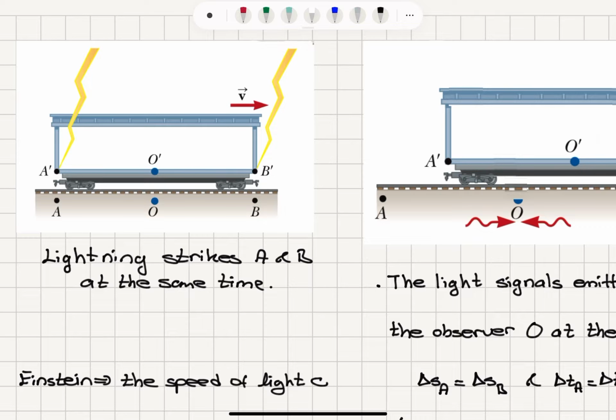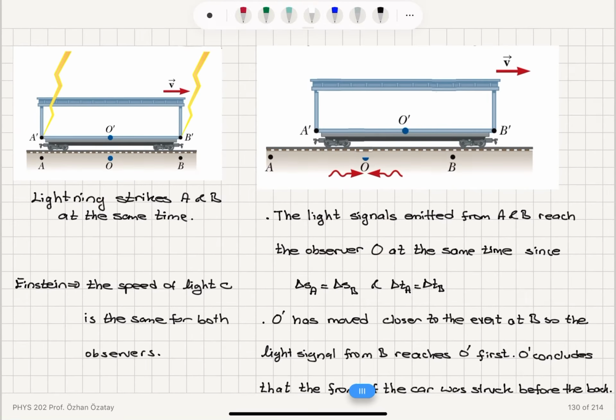At time t equals 0, A prime corresponds to point A on the ground, O prime corresponds to point O on the ground, and B prime corresponds to point B on the ground. What happens is that lightning strikes A and B simultaneously. So we have lightning striking A prime, A, B prime, B simultaneously at this moment.